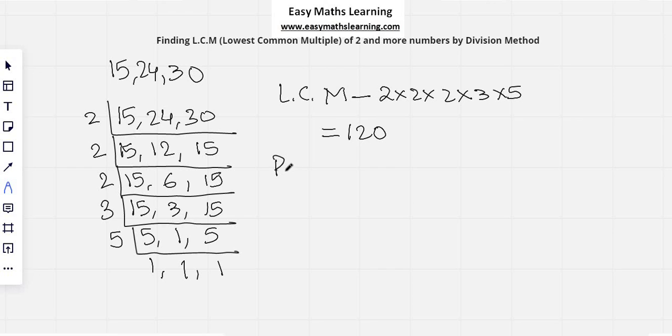So the required LCM is 120. We can say that 120 is the lowest number which can be divided by 15, 24 and 30, all three numbers, without leaving any remainder.